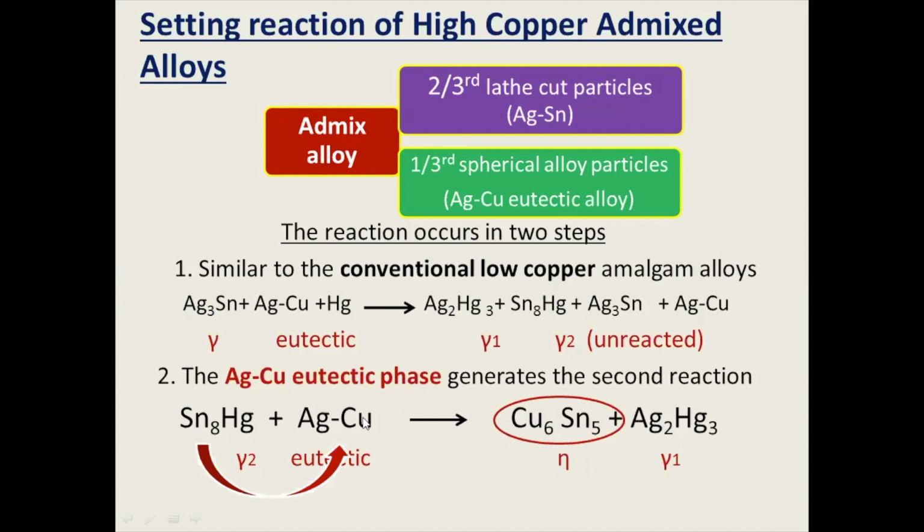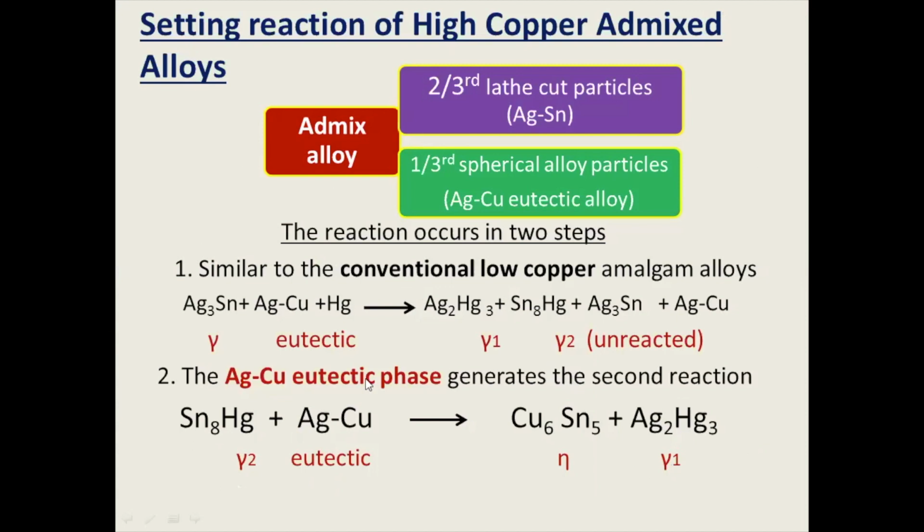Here the newly formed gamma 2 phase reacts with the silver copper eutectic phase and there is a formation of copper tin, that is the eta phase, and the gamma 2 phase gets eliminated completely, and the formation of silver mercury, the gamma 1 phase, also occurs.